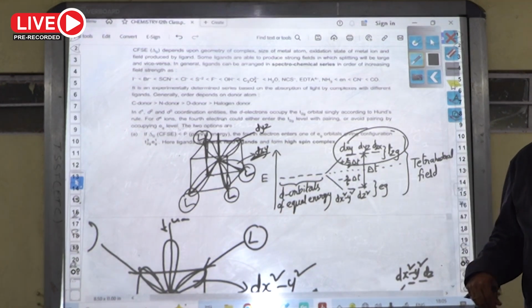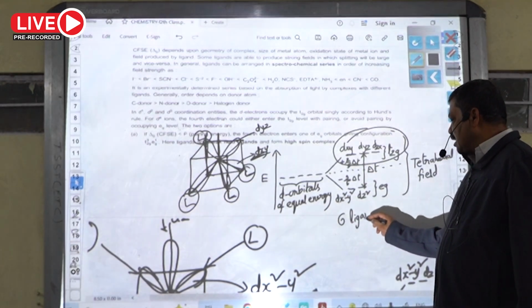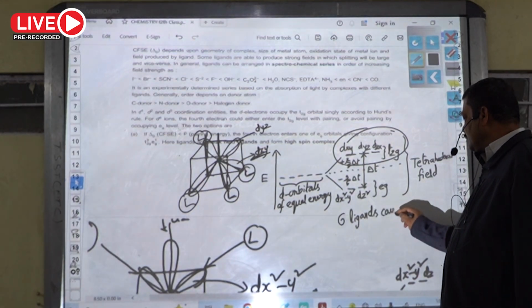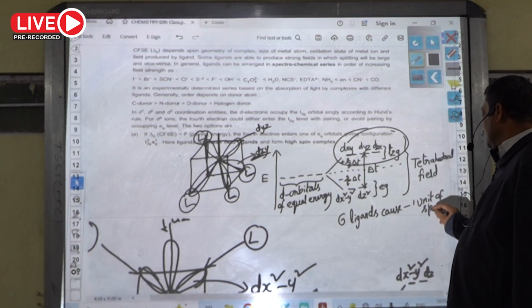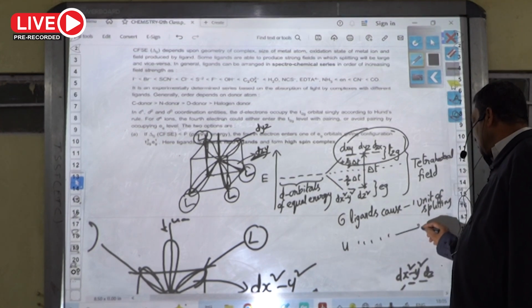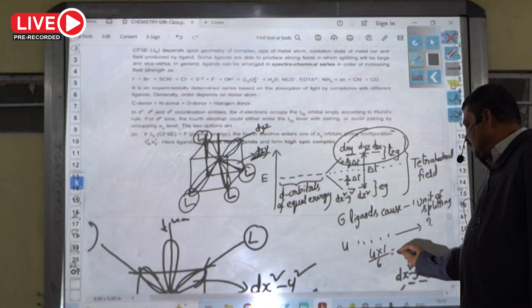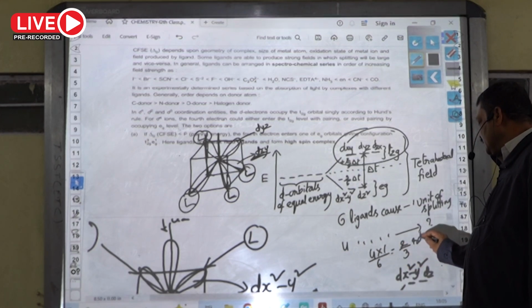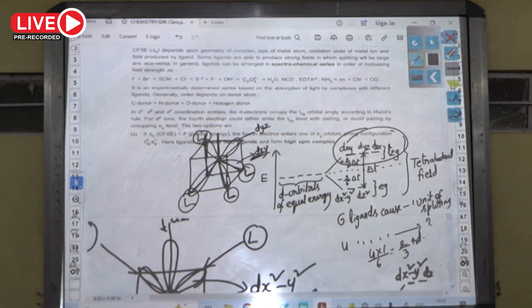Tetrahedral splitting is caused by how many ligands? 4 ligands.